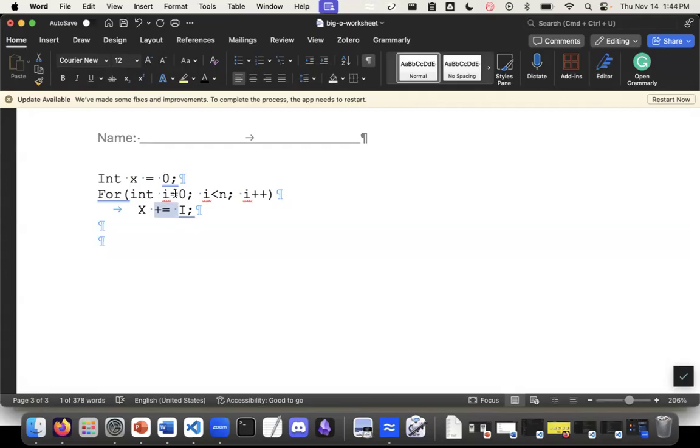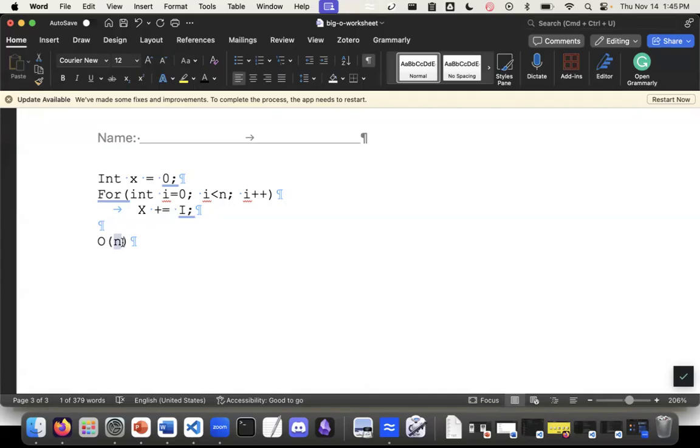If n is 10, it'll happen 10 times. So we generalize it to the size of the input. Whatever n is, this operation is happening n times. And with that, we can say that this function is not O of 1, but O of n, right? However many times it happens, we stick that in the parentheses.